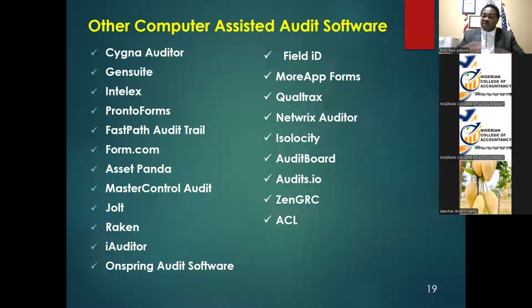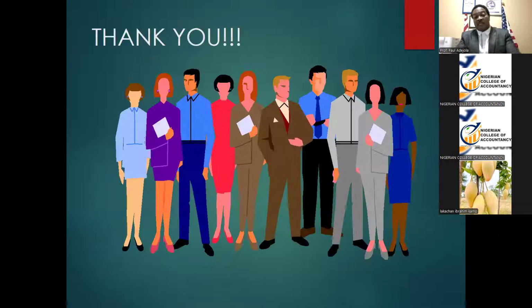Our system, we don't even use system. All we have is hard copy. So this other computer-assisted audit software will help you convert paper evidence into soft copy, so that once it's converted into soft copy, you can now do your analysis. That's the basic thing some of these things do.